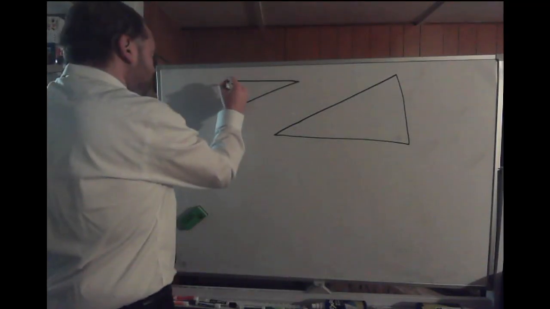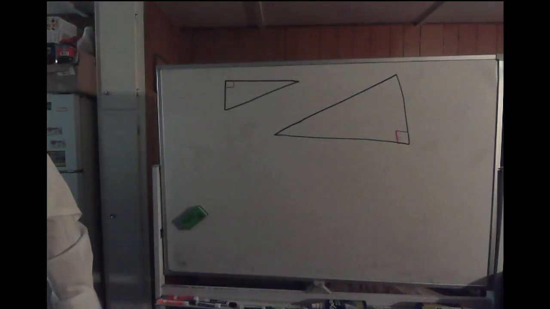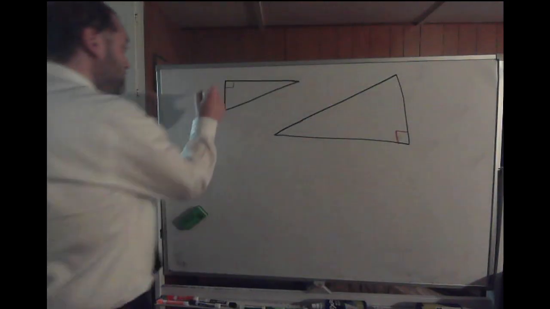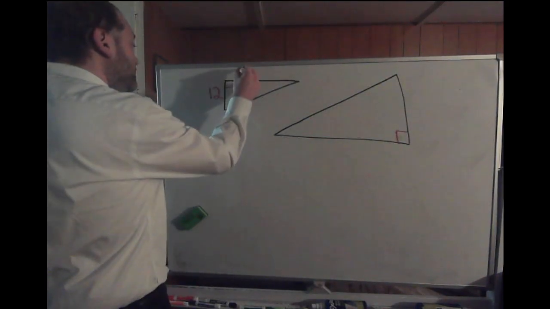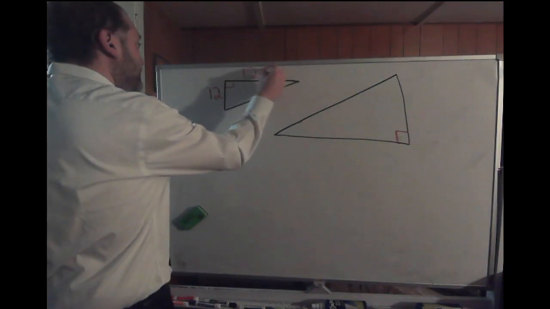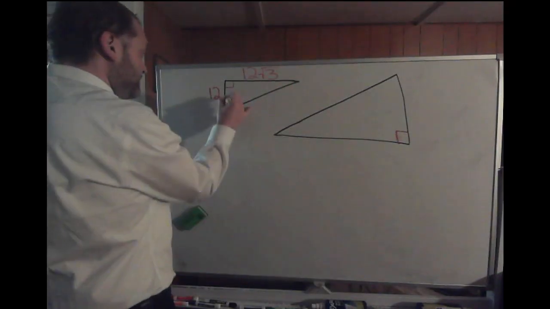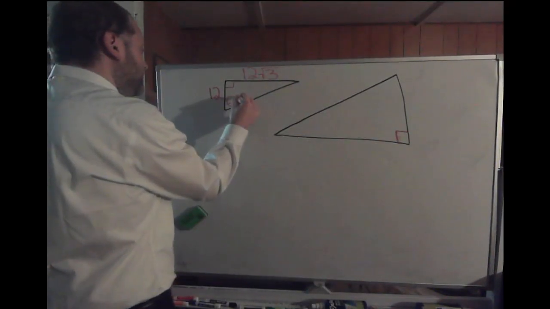So let's see. Right angle here, right angle here. Okay. 12 times the square root of 3. This is a 60-degree angle here.